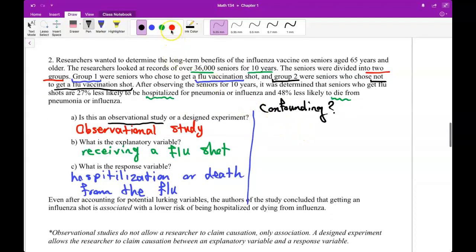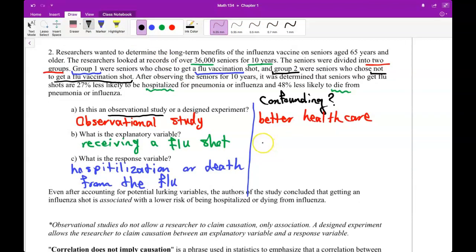For this part, under explanatory variable, for example, they may have better healthcare.